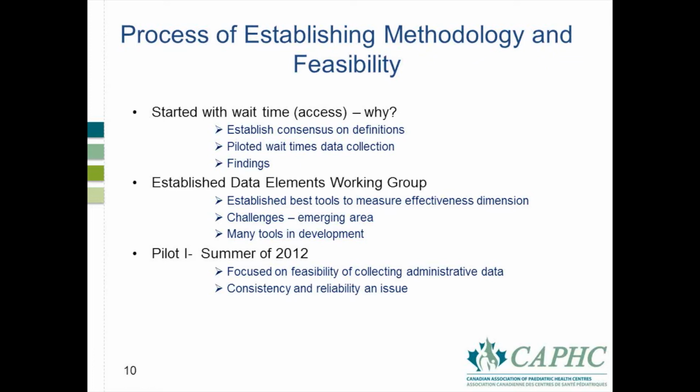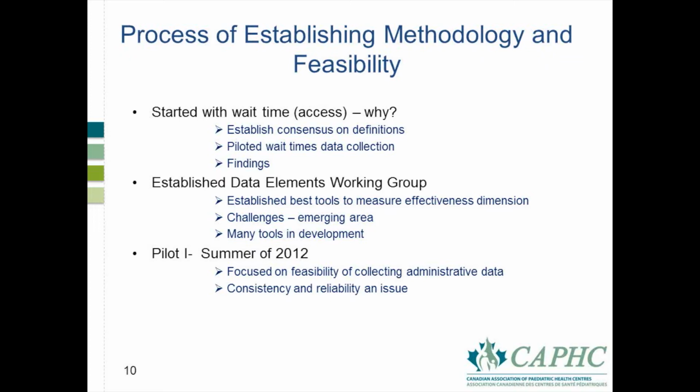We had at that point the front end of the data set pretty well established and agreed on. So it was mostly the administrative data and the descriptive data about the children. And so we had that first pilot looking at whether it is feasible to collect this administrative data. We had, I believe, 5 sites in that first pilot.